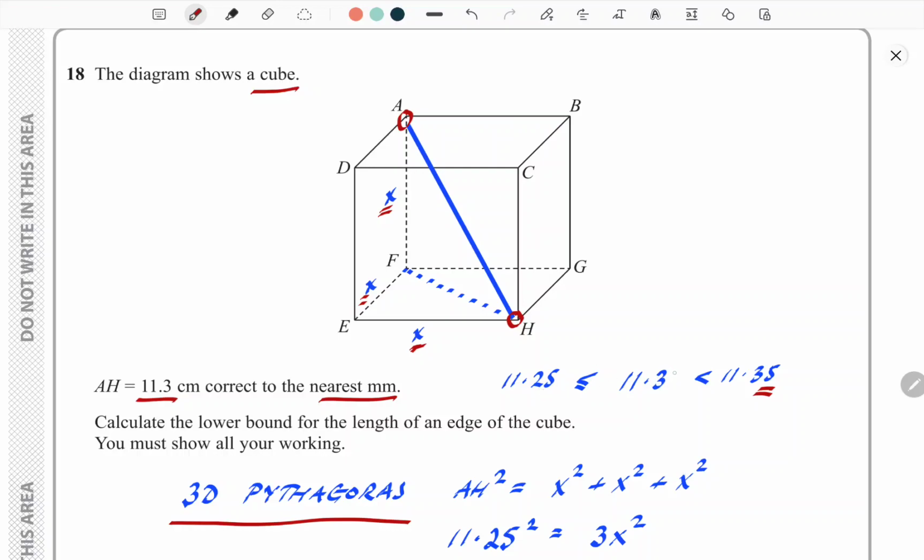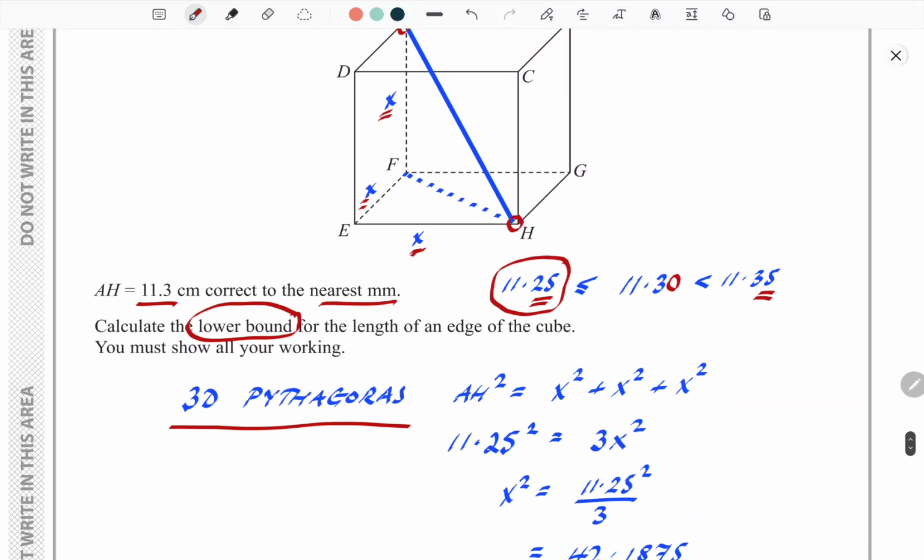If you think of that as being 30, then it could have been up to 35 and down to 25. That's the way to think about it. Now they want the lower bound, so we're not interested in the 11.35. We want the lowest possible value, and we're going to use the 11.25 here.